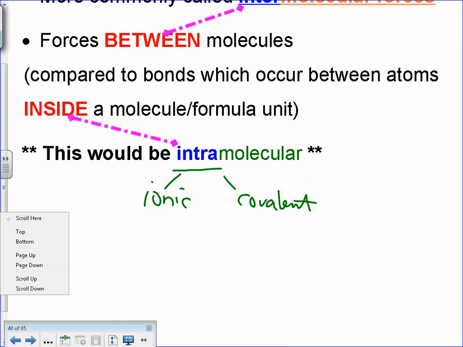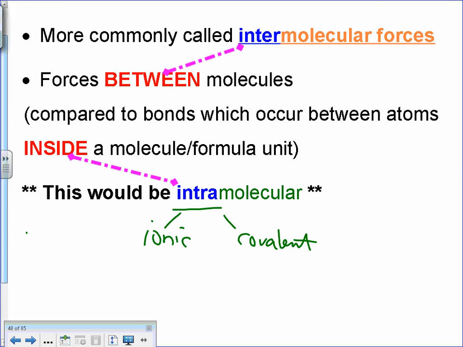So what we have to deal with now is sometimes we're going to have a covalent molecule interacting with another covalent molecule, with another one, with another one. And so they interact with really strong forces between them or really weak forces between them. And we actually have names for those forces of attraction. The umbrella term is intermolecular forces, which I'm not going to write out like that anymore. I'm going to say IMFs.